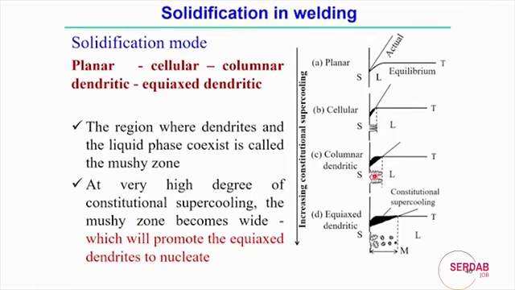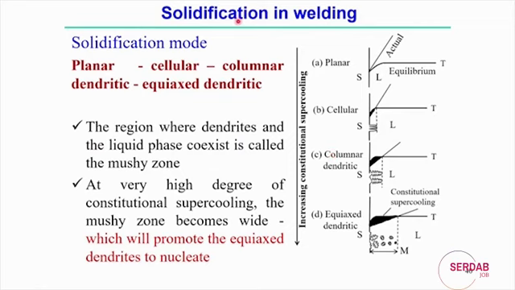In the third case, the amount of constitutional supercooling increases and that produces the columnar dendritic structure, and finally the maximum amount of supercooling produces the equi-X dendritic structure. So, depending upon the amount of constitutional supercooling, the solidification mode changes, or can be decided.